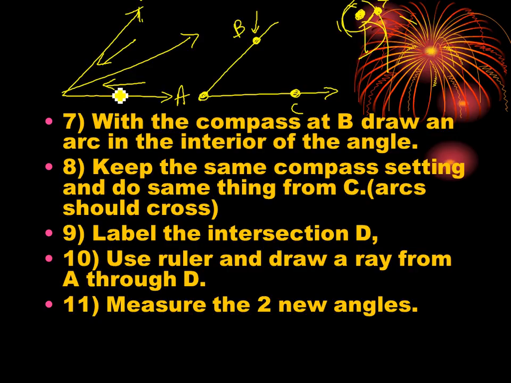Here. Make that point D right there. Now take the ruler, draw a ray from A through D. They're both the same thing, 25. So put 25 in there, 25 in there.